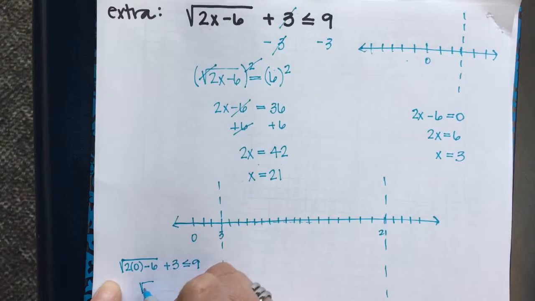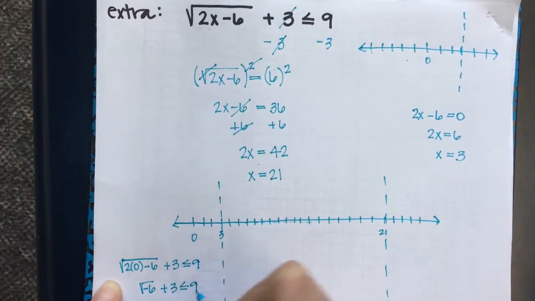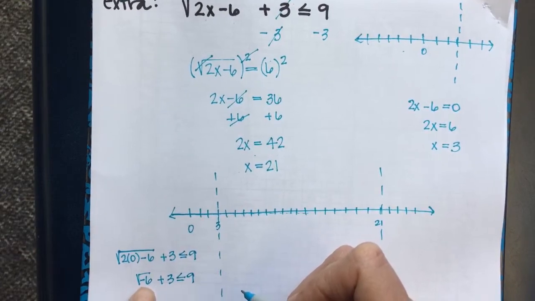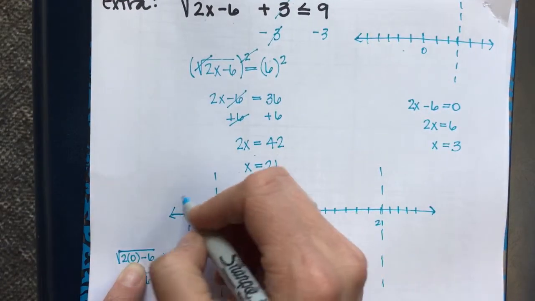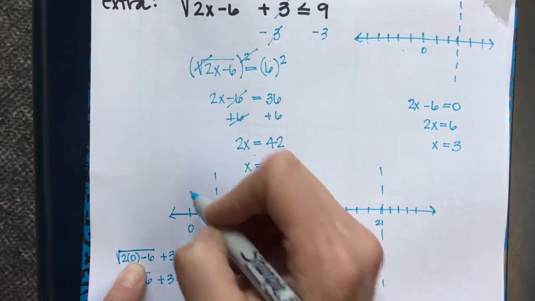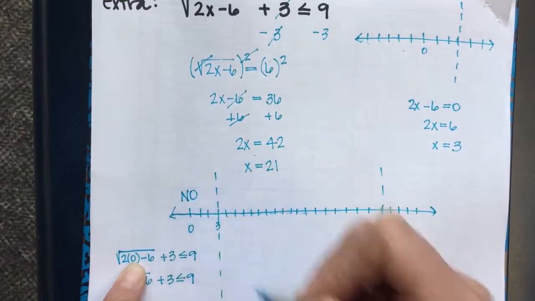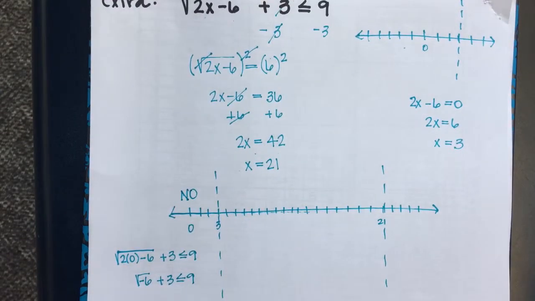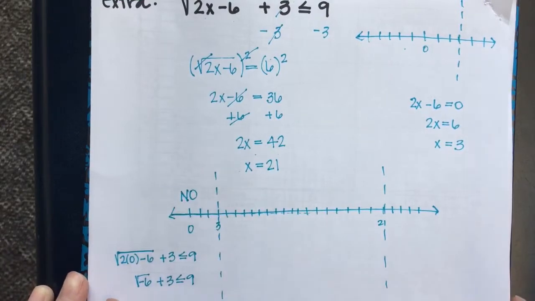Now I get the square root of negative 6. You can't take the square root of negative 6. So that means that you can't have 0 as a solution. So if 0 is not a solution, none of these numbers in here are solutions. So I'm going to write no to that whole section. Just because that one didn't work, now nothing in that section works.